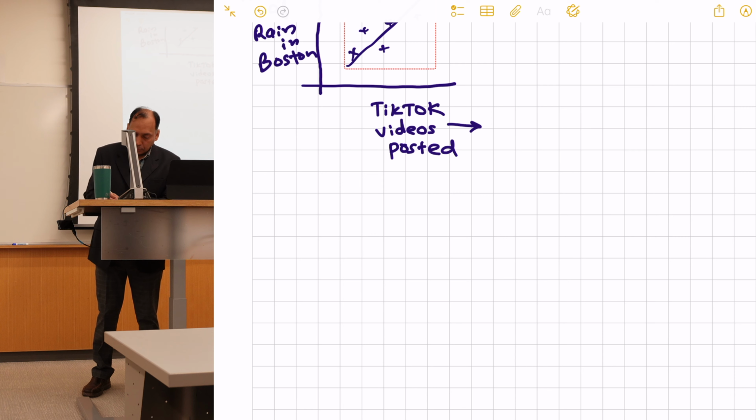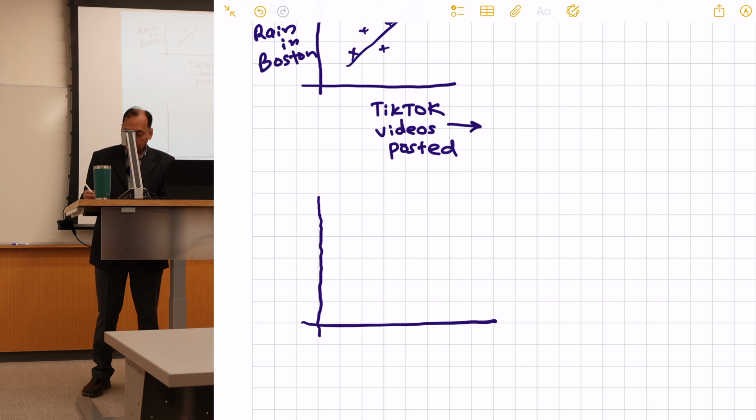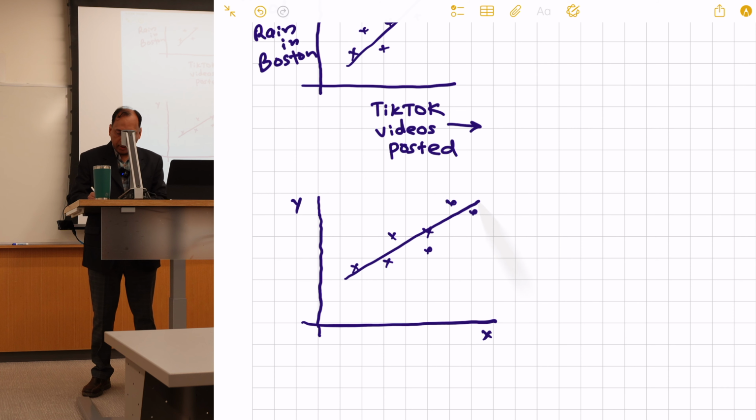When we have a scatter plot like this, and you have two variables x and y, you plot and you get this data, and then you draw a straight line.